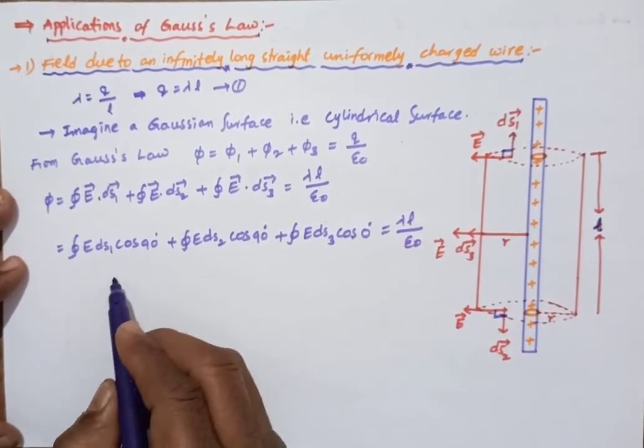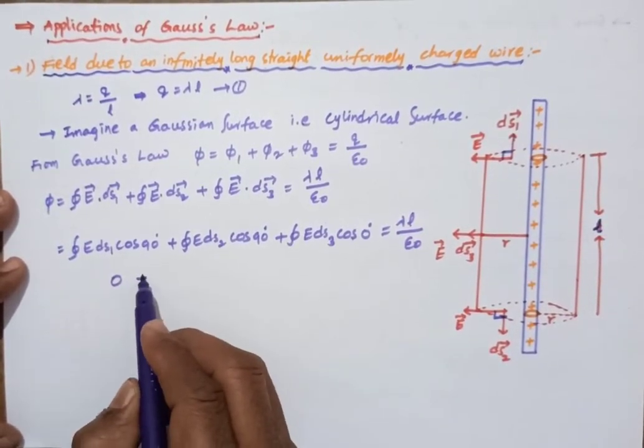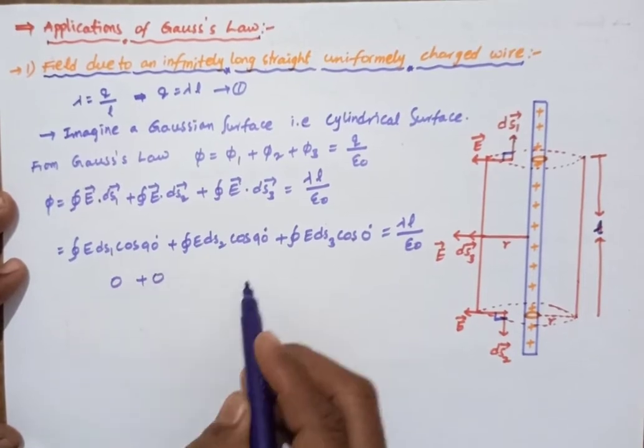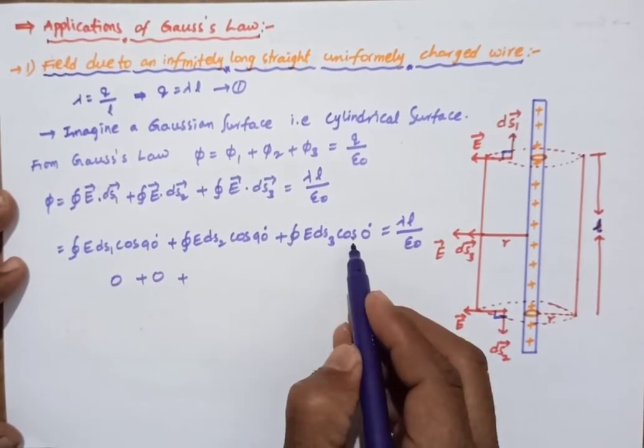Cos 90 equals 0, so plus 0 and plus 0 here, and cos 0 equals 1.